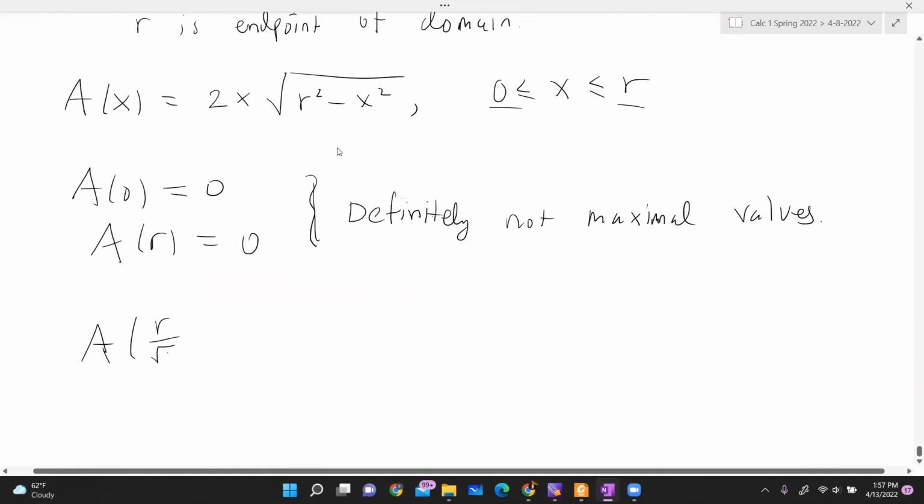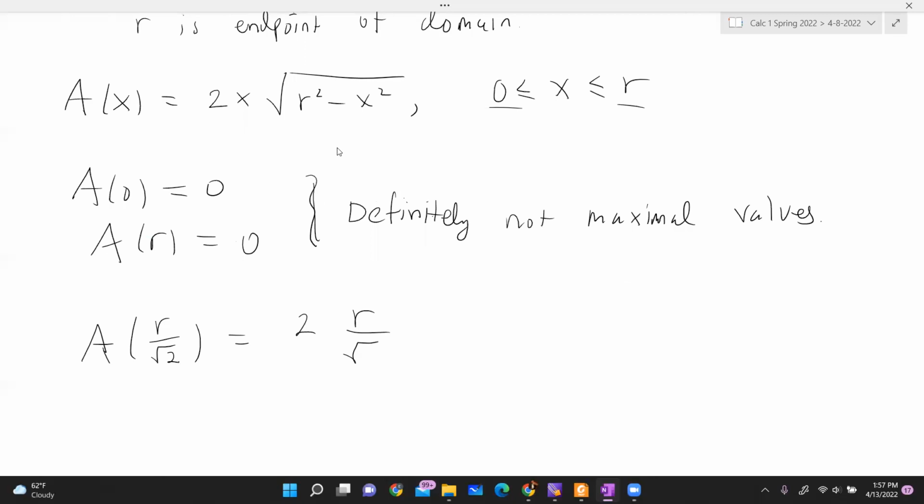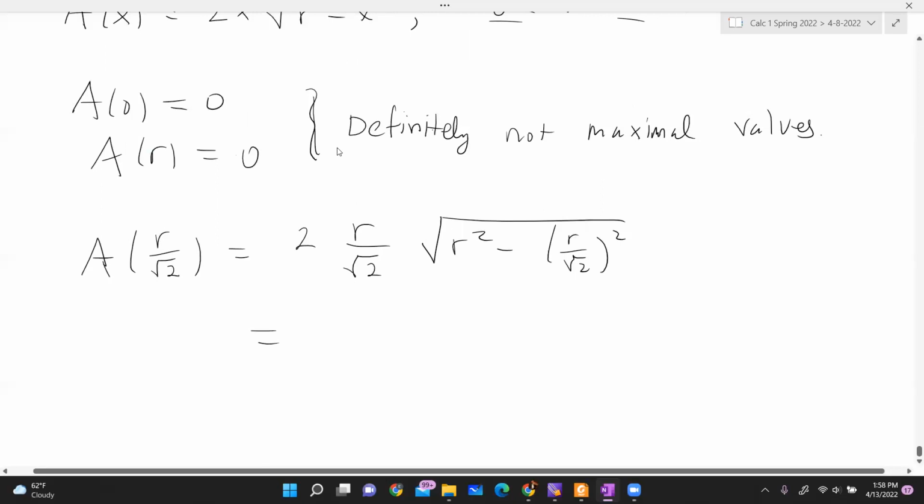So let's just see. If it's greater than 0, then we know it's the maximum. So we get 2 times r over root 2 times the square root of r squared minus r over root 2 squared. Let's simplify this.